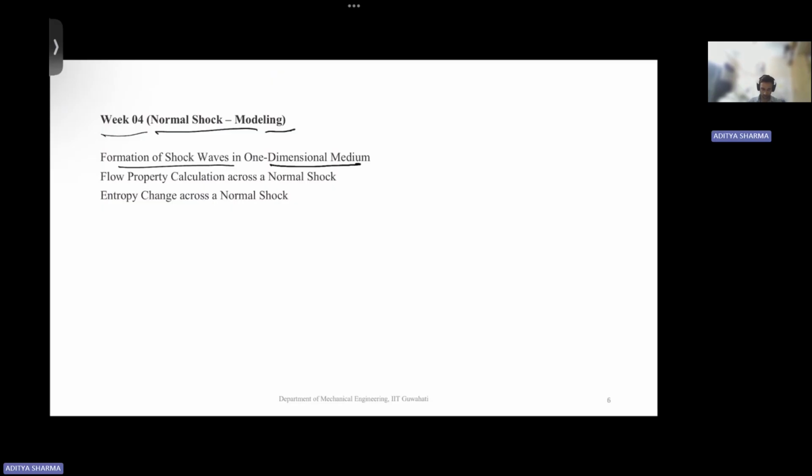This is there. Then flow properties across normal shock. This is there. Then entropy change across normal shock. This is there.